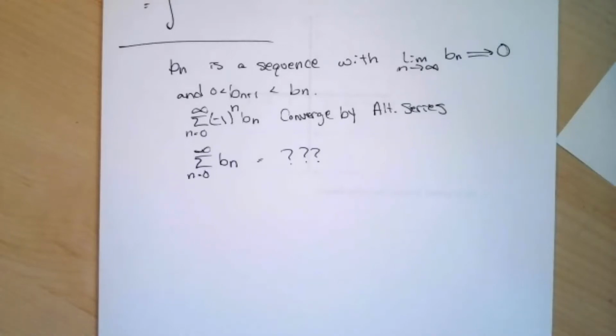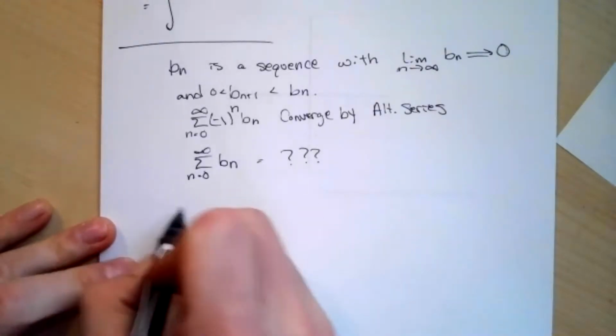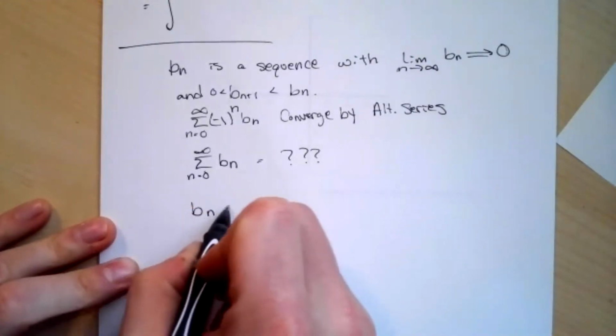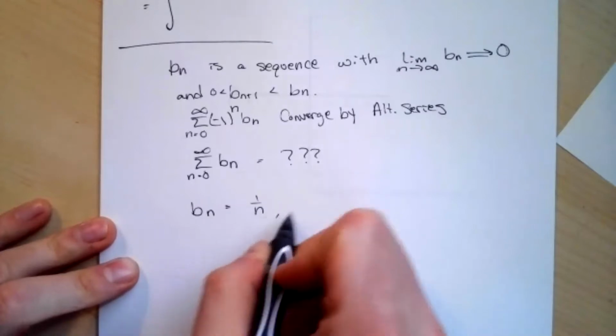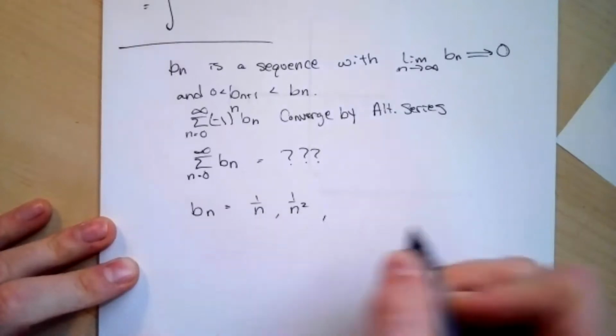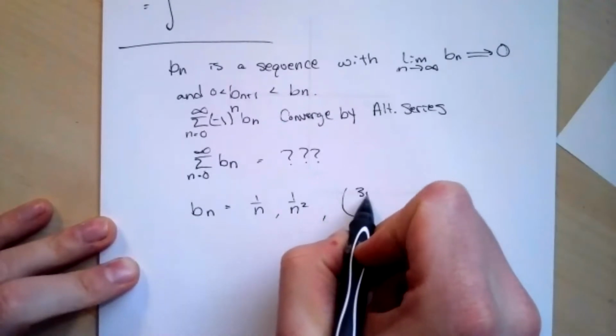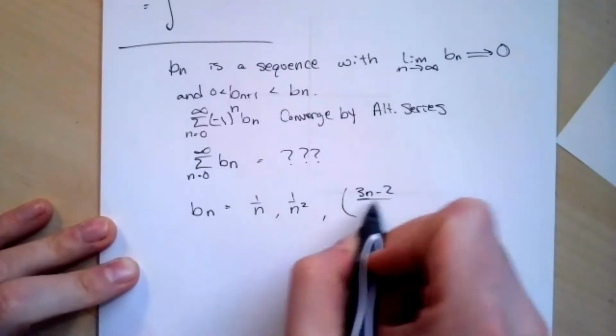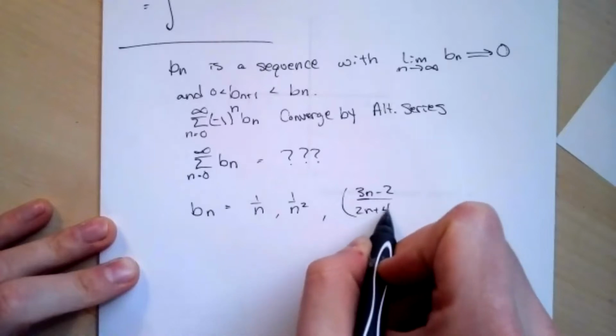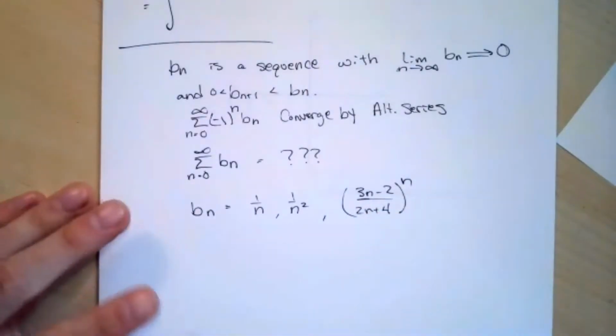If it looks geometric, we could use a ratio test. We would need to know more. So for example, you could check Bn equal to 1 over n squared, and then even more exotic things like 3n minus 2 over 2n plus 4, to the n.